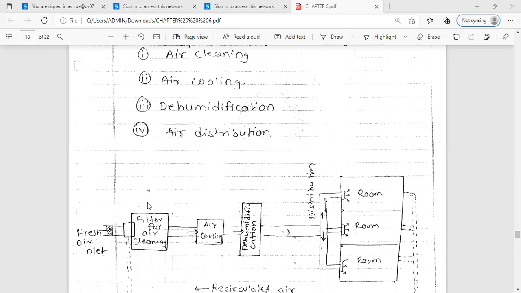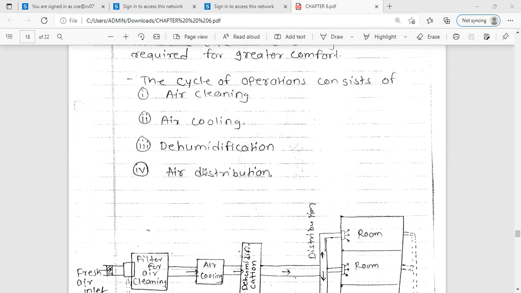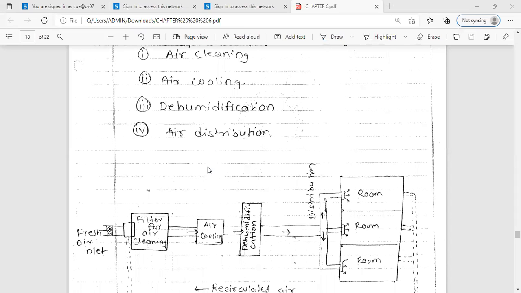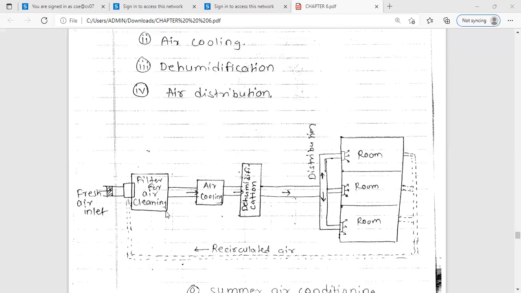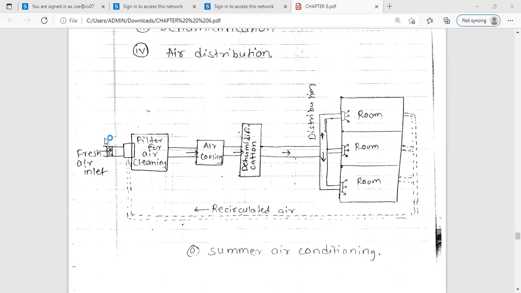Okay, we are discussing the cycle operation of the air conditioning during the summer season. Here, the outside air has some kind of impurities, dust and dirt, that we have to remove before cooling that air.